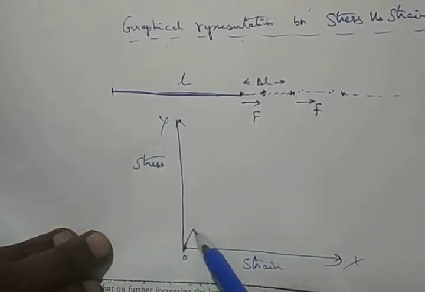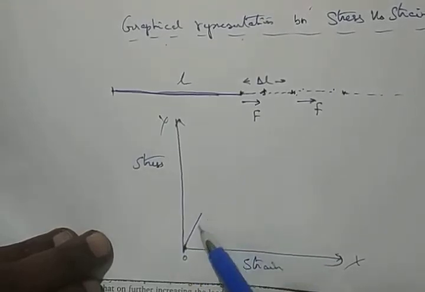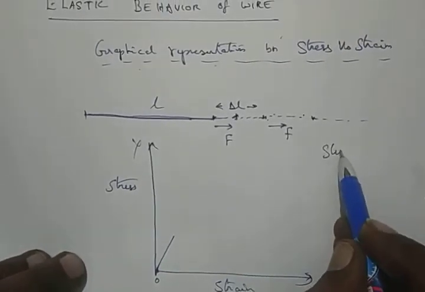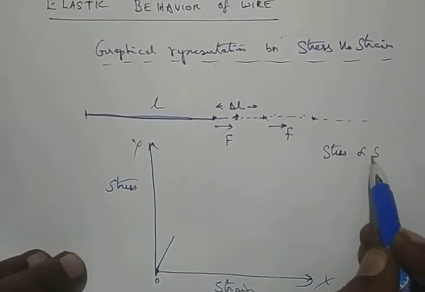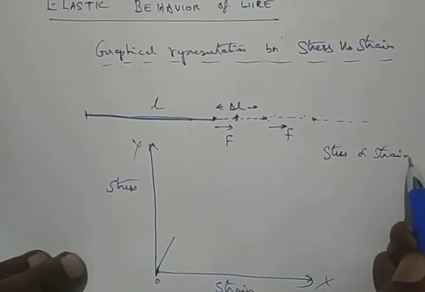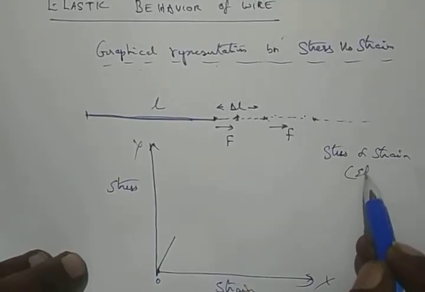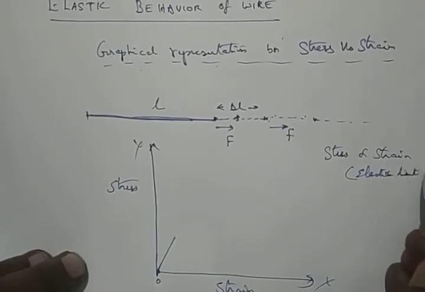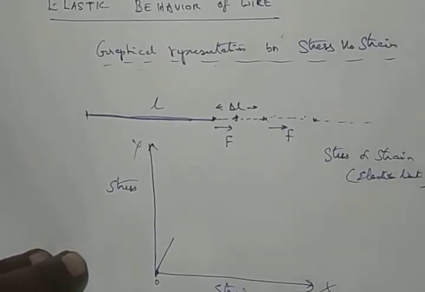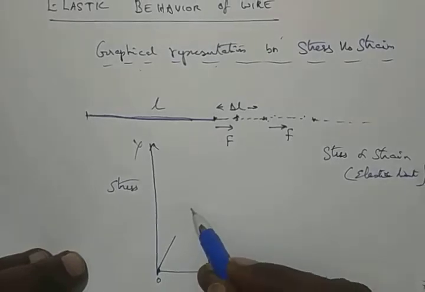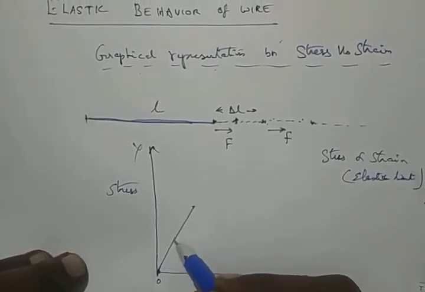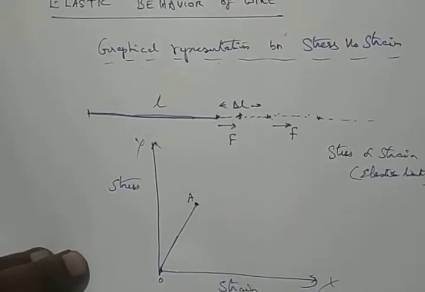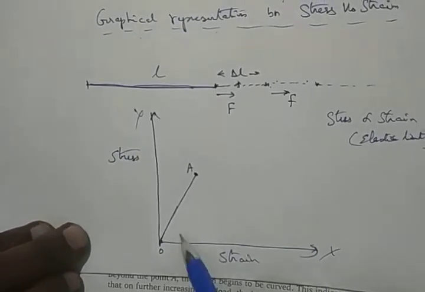It is directly proportional. We already know stress is directly proportional to strain, within the elastic limit. That means it should be a straight line graph. So you get a straight line graph from O to A.